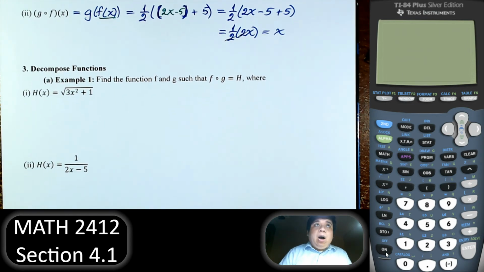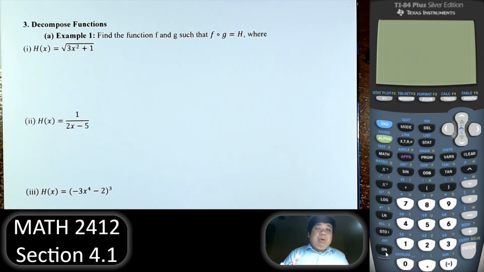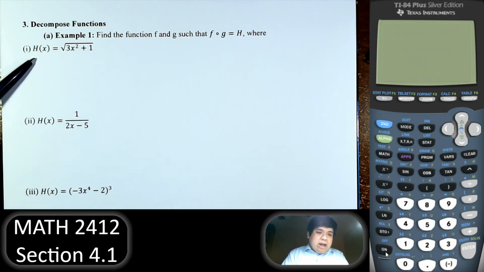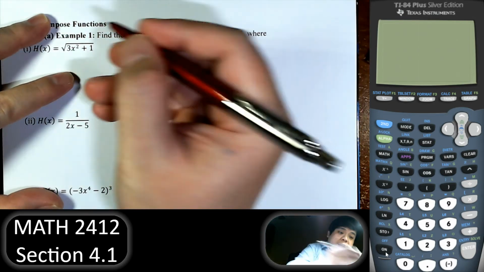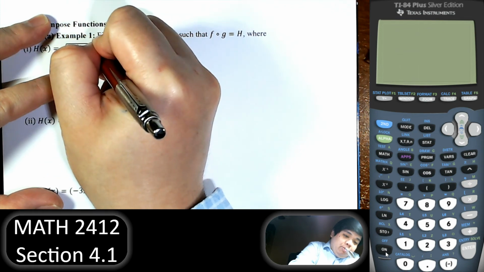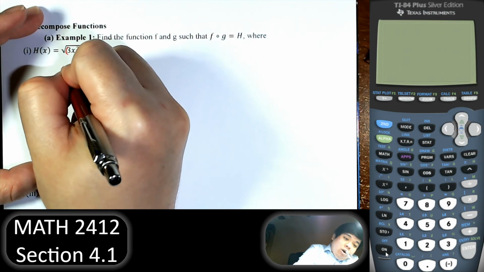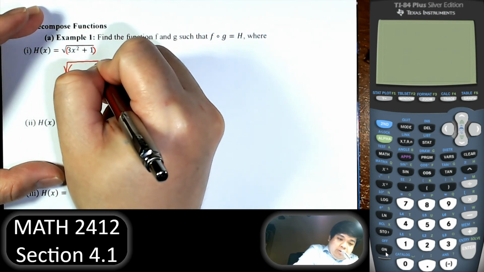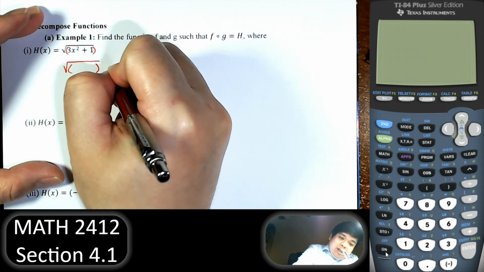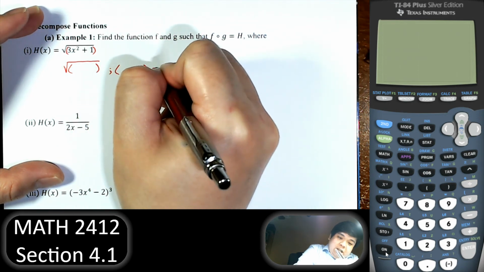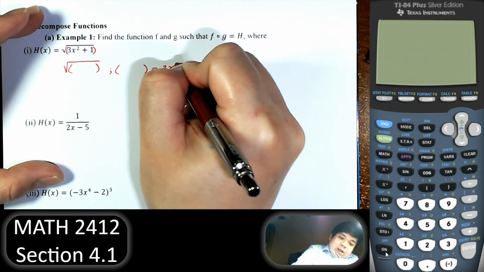Right. What we do now is pretty simple. However, in calculus, this is extremely important. We have to be able to see the combination of functions. So how do we write this function as the combination of two functions? Well, that's easy. First, let's put the parentheses around the square root here. In that case, one function we can split into is the square root of the parentheses, and then the parentheses is equal to 3x squared plus 1.